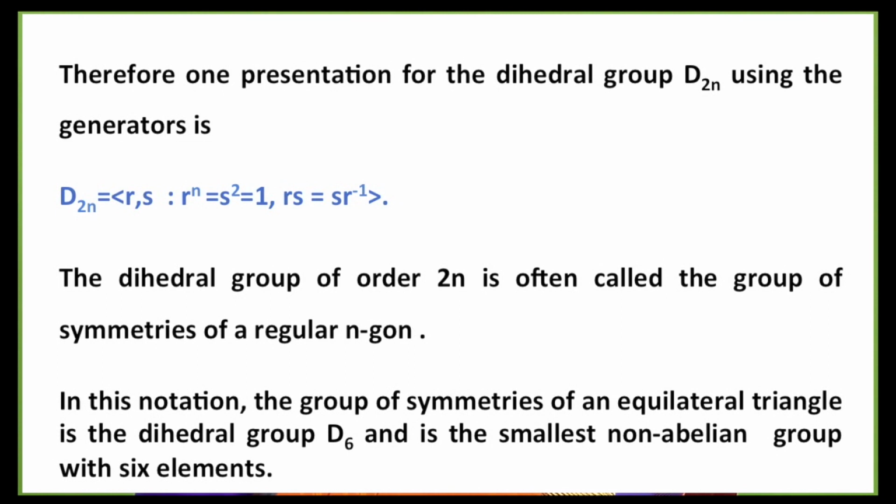The dihedral group of order 2n is often called the group of symmetries of a regular n-gon. In this notation, the group of symmetries of an equilateral triangle is the dihedral group D of 6 and is the smallest non-Abelian group with 6 elements.